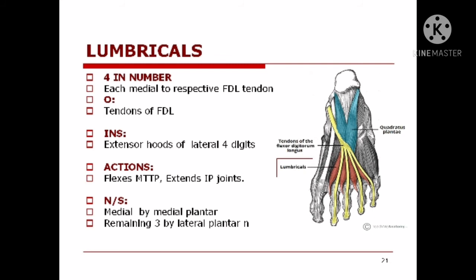The insertion is in the extensor hoods of the lateral 4 digits. Its action is to flex the metatarsophalangeal joint and extend the interphalangeal joint. The nerve supply is the medial one by the medial plantar and the remaining 3 by the lateral plantar nerve.